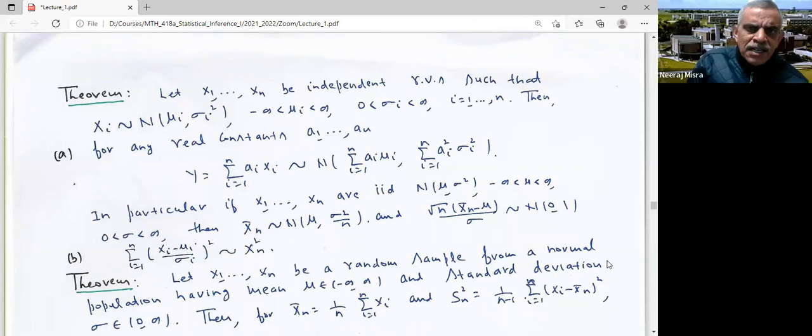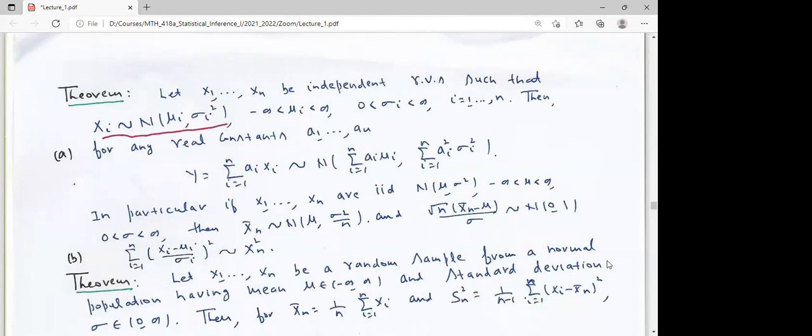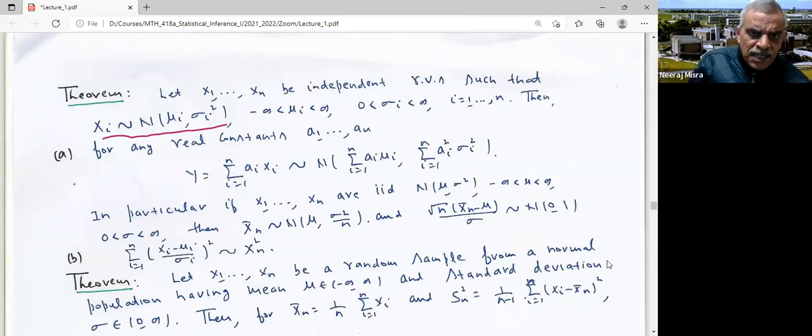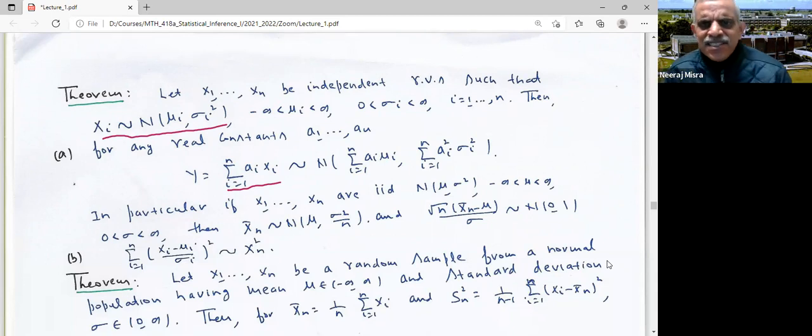Then for any real constants a1, a2, ..., an, I consider a linear combination of the Xi's, summation ai Xi, which should again be normal, with mean summation ai mu i and variance summation ai square sigma i square. Now, you know how to prove it. It can be proved in a straightforward manner using the MGF. And this is a very standard result from your bachelor's.